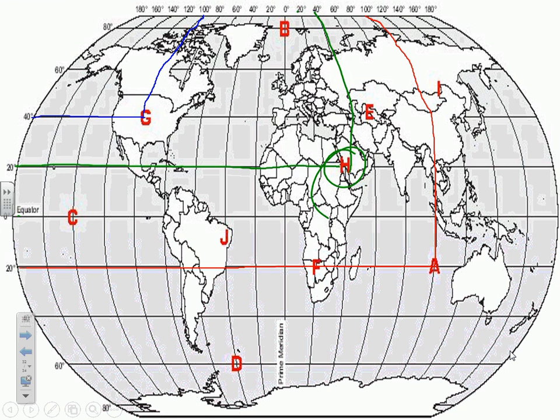So for number 1, it says show symbols and colors used on a map. And you're going to decide if that's A, lines of latitude, B, political map, C, physical map, D, map scale, E, lines of longitude, F, legend, or G, compass rose. So decide which one it is and put the correct letter on the blank by the number 1. And then you'll do the same for 2, 3, 4, 5, 6, and 7.